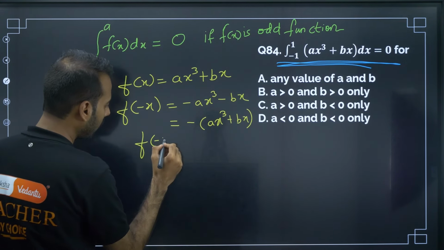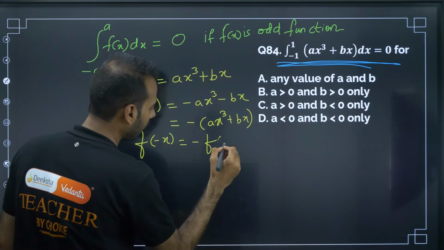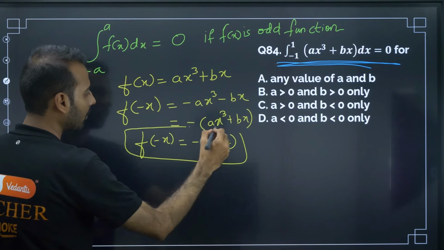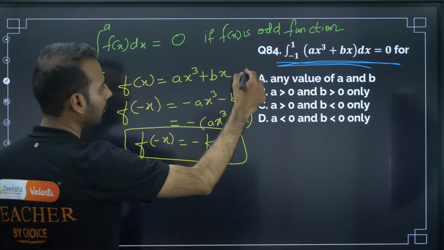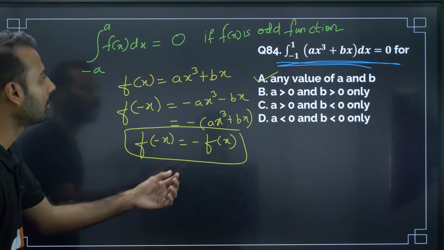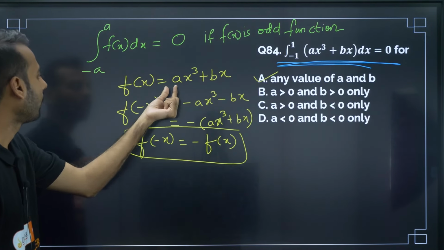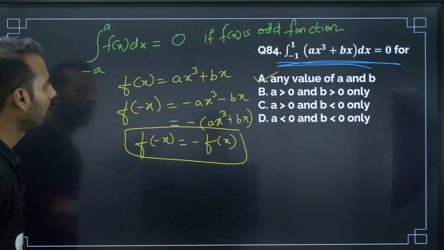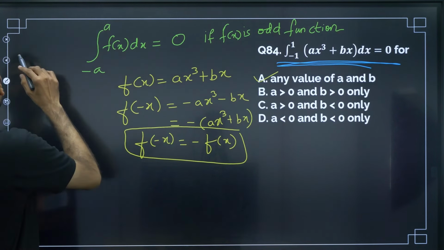So f of minus x is minus f of x, which means this given function f of x is an odd function. Therefore for any value of a and b this happens.